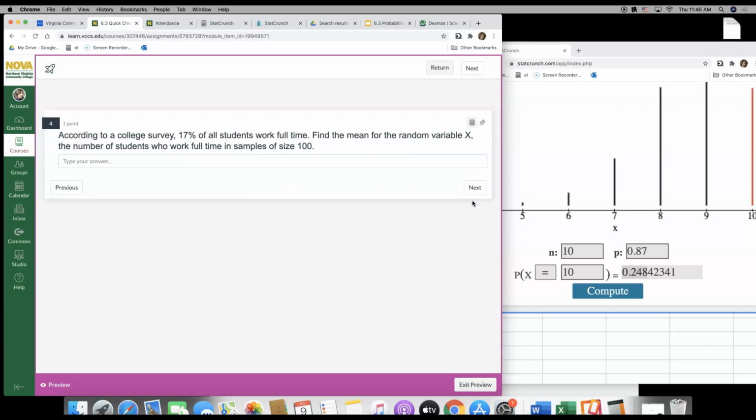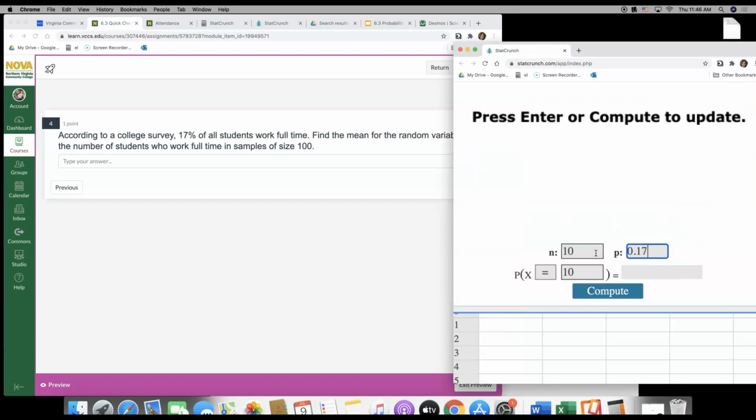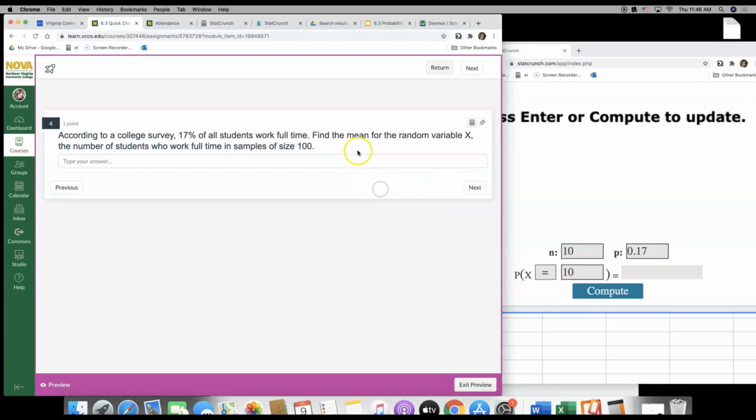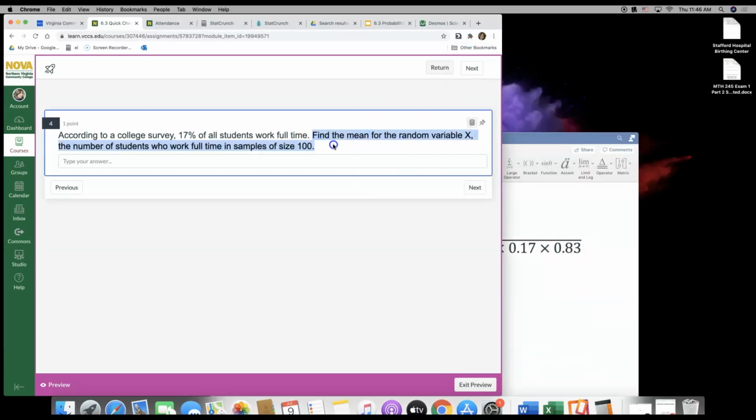Next. All right, 3 more. According to a college survey, 17% of all students work full-time. Guess what P is? 0.17. Find the, hold on a second. I don't think we need a calculator over here because what we need is: find the mean for the random variable X, the number of students who work full-time in a sample of size 100.